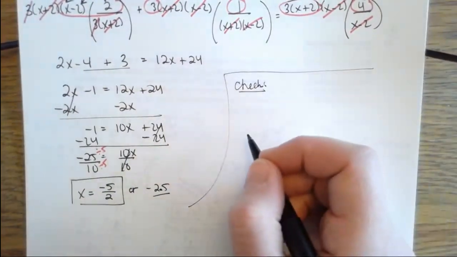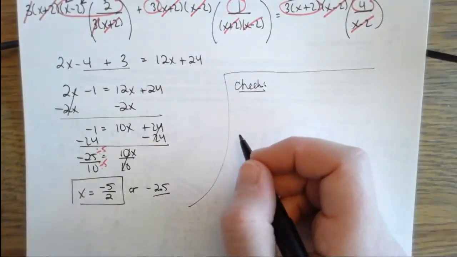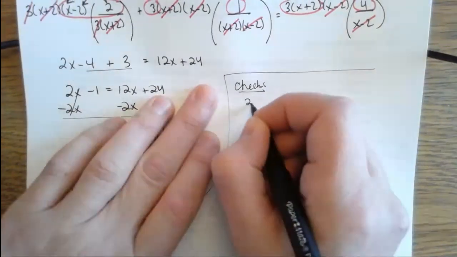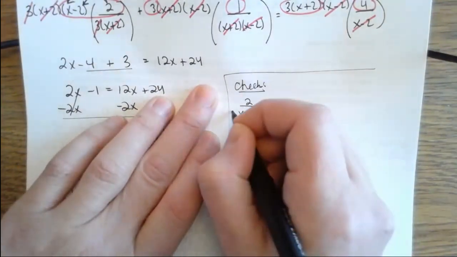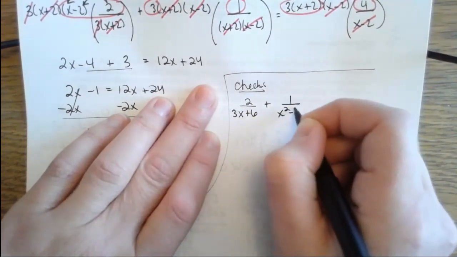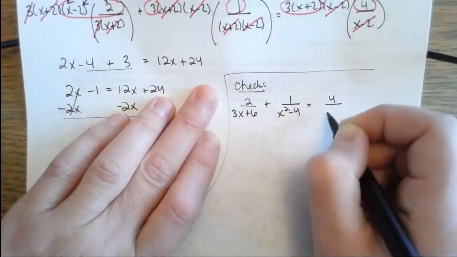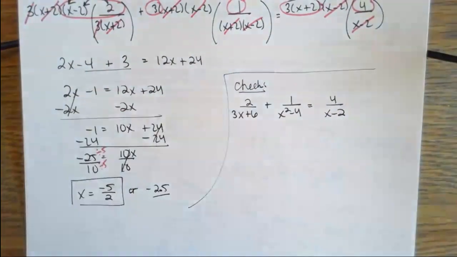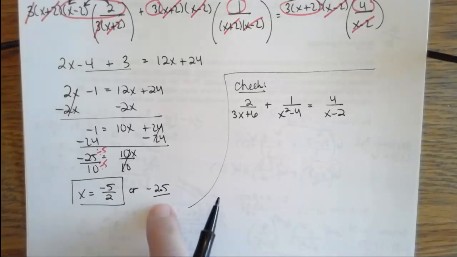So you would want to go back to the original problem, which is 2 over 3x plus 6 plus 1 over x squared minus 4 equals 4 over x minus 2. And you do want to go through and check this. Now, you can check it in the fraction form, or you can check it in the decimal form.